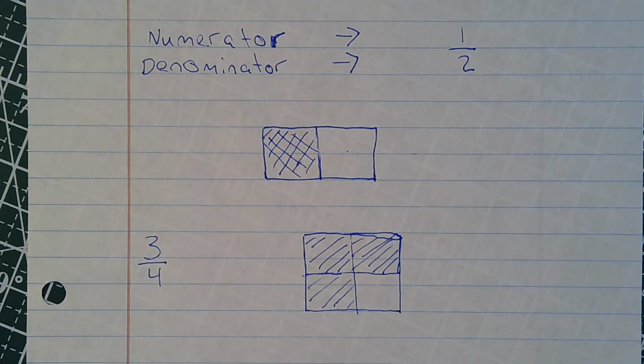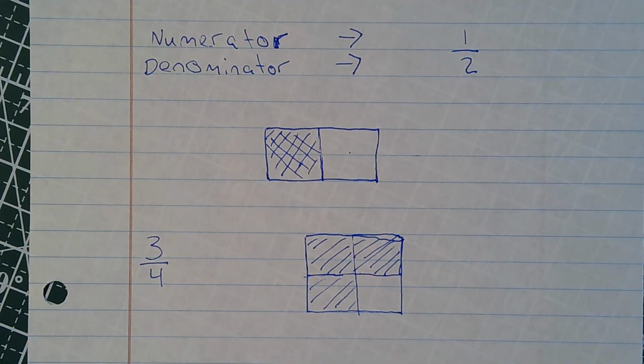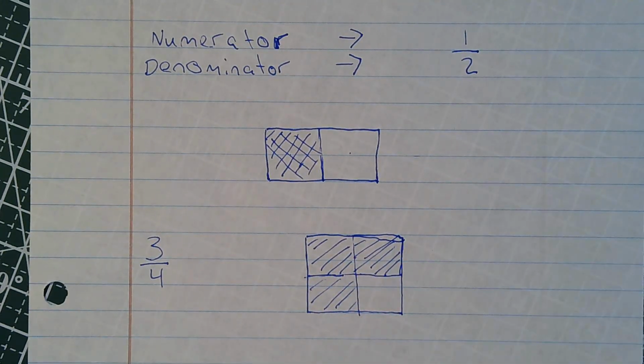So now I've represented this shape as 3/4. 4 parts or pieces in all, and 3 of them shaded, which means I could also say 1/4 not shaded, but that's for another day.